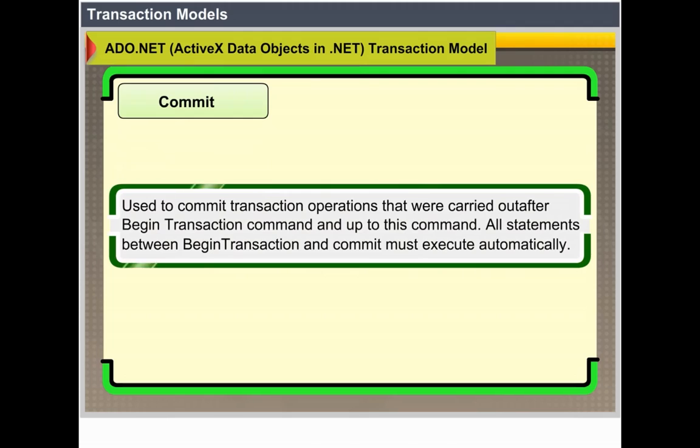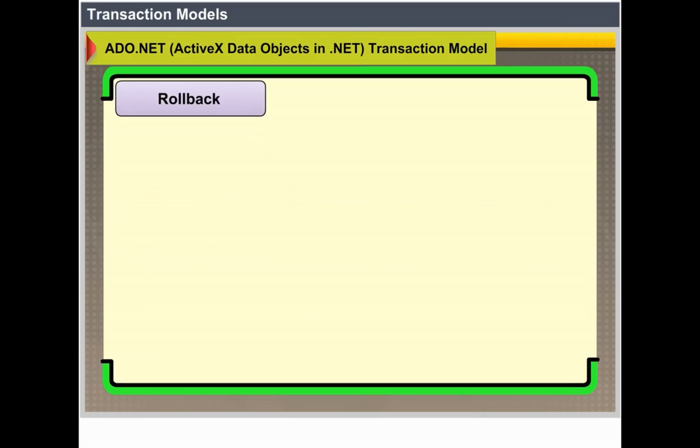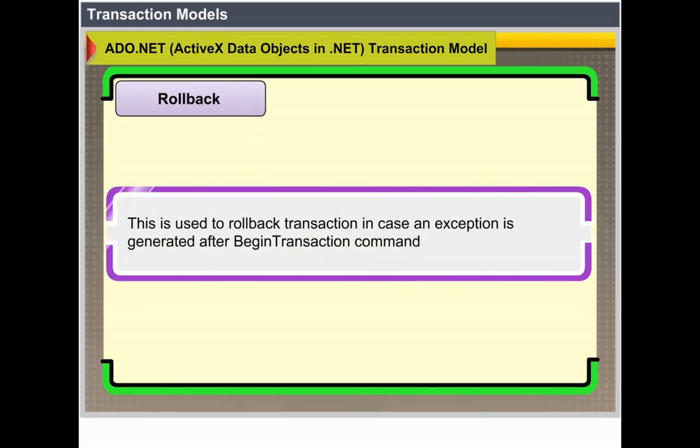Used to commit transaction operations that were carried out after begin transaction command and up to this command. All statements between begin transaction and commit must execute automatically. Rollback. Used to roll back transaction in case an exception is generated after begin transaction command.